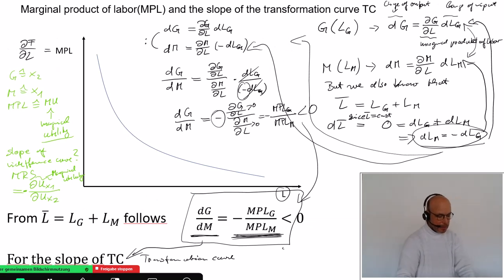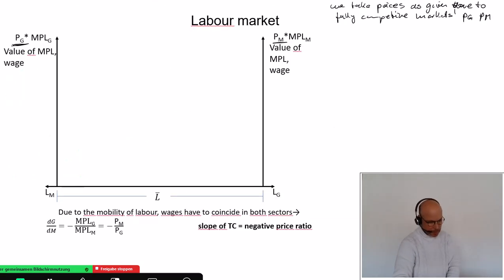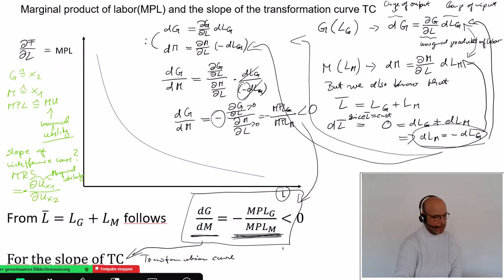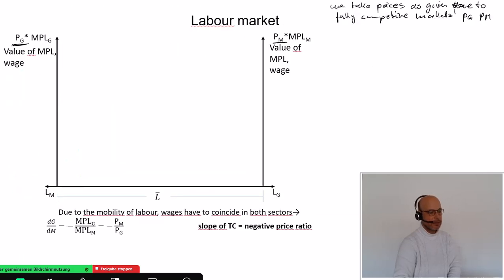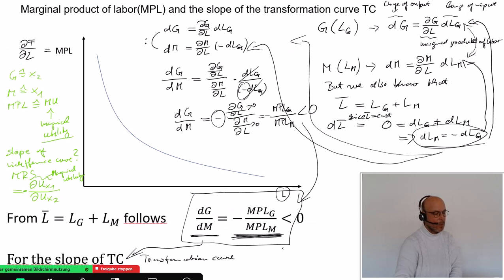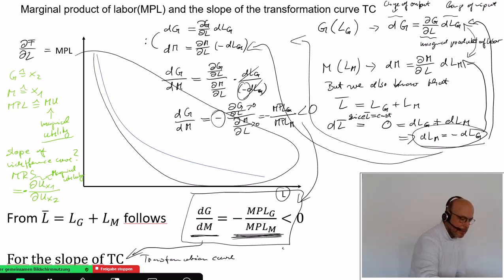And let's assume we are here. What do I have here in the agricultural sector? So we know this is the shape of our dependence between marginal product of labor and input of labor.